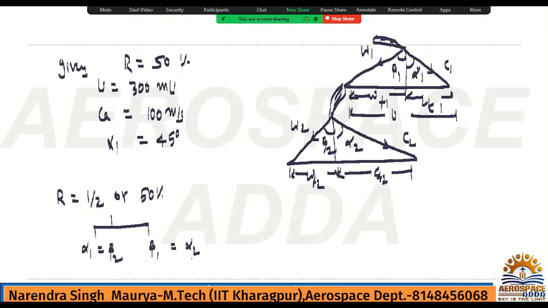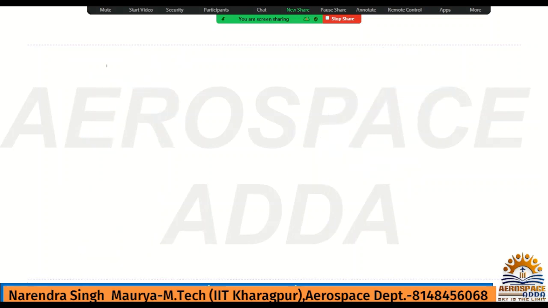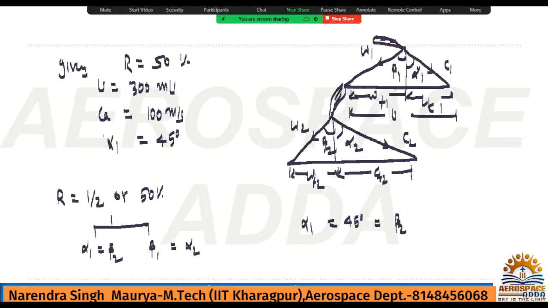So now, how to solve this problem? Simple. Because they have given CA, U, and alpha. Alpha 1 is given as 45 degree. You can say this alpha 1 is also beta 2. And if you remember the formula for the work, what was it? Work done in terms of velocity: since U is given and CA is given, I will use this formula.